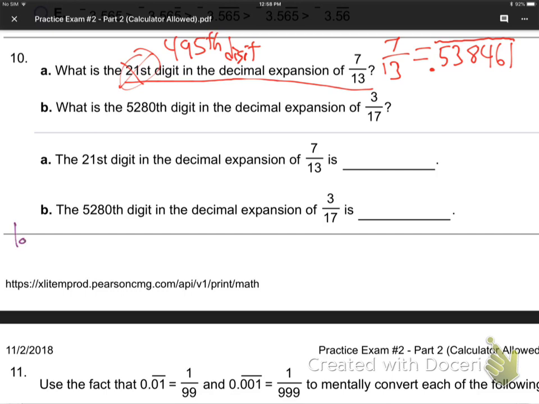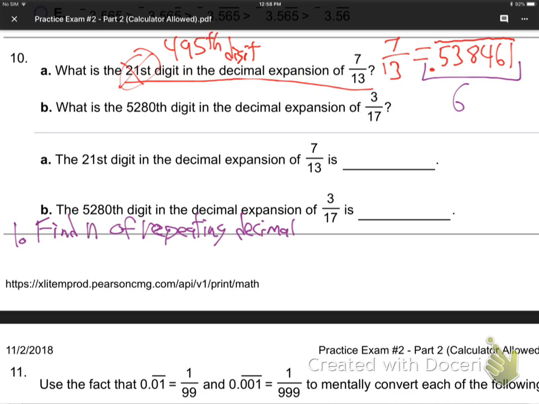Step 1. Find the number of repeating decimals. That's 6, right? There's 6 repeating decimals. We'll call that n.